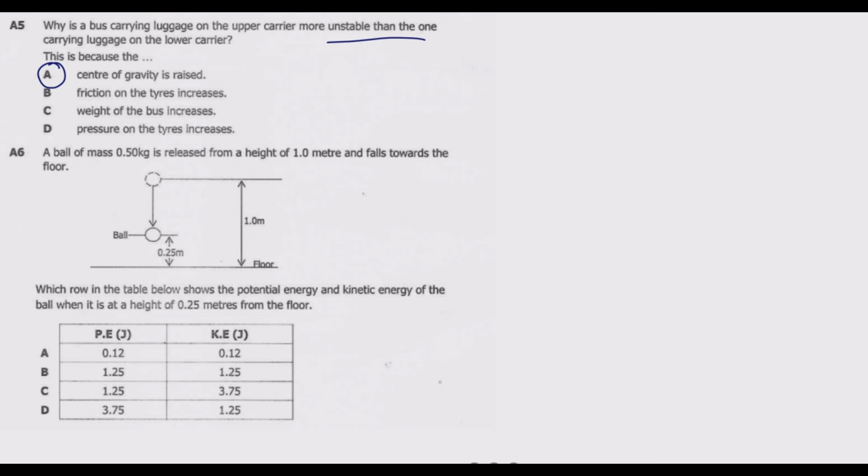So gravitational potential energy is given by mass times gravity times height. Now, as the ball is falling from the top to the bottom, just before it reaches the ground, all the potential energy is converted to kinetic energy. When it's halfway, half of it will be kinetic energy and half of it potential energy.